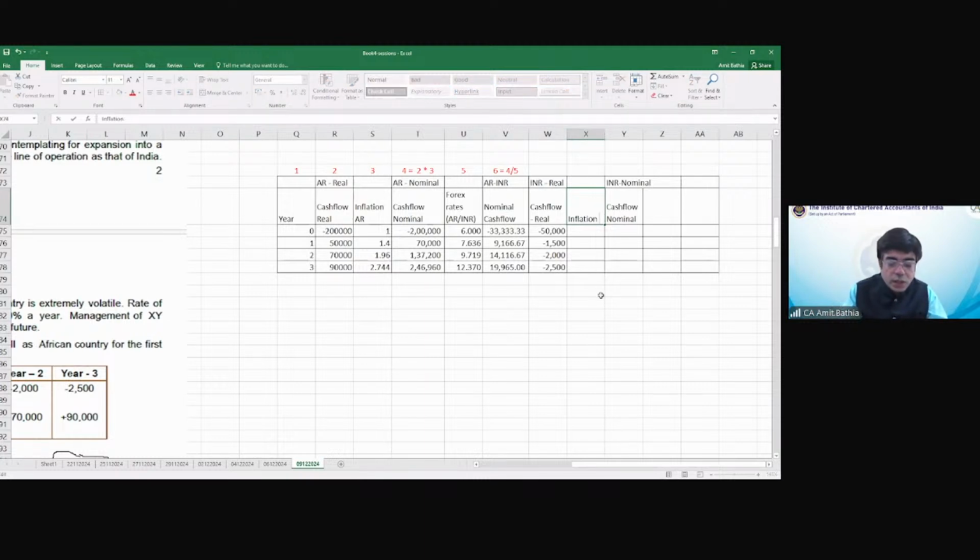What was worth 1 rupee at the beginning of the first year, to get the same thing I now need to spend 10% more, so it becomes 1 into 1.10. That is inflation. At the end of year 1 it was 1.1, and again I need to spend into 1.1, into 1.1.